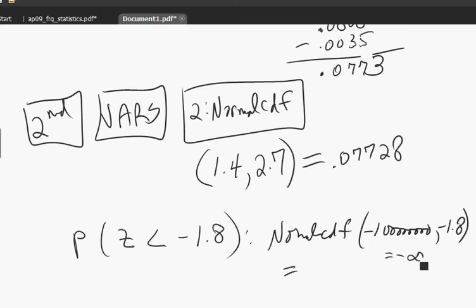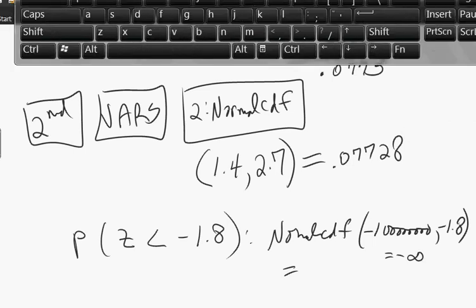For positive infinity, just leave off the negative sign. Just 1 followed by as many zeros as you want, and you're good, because when I'm greater than 100 standard deviations, my answer isn't going to change by much. Okay, let's get rid of this.